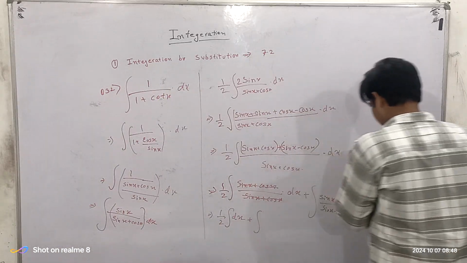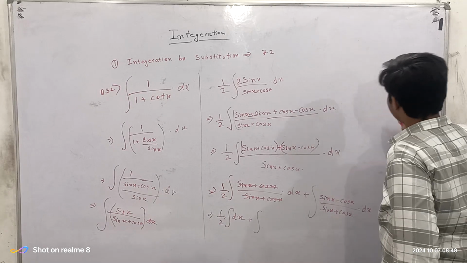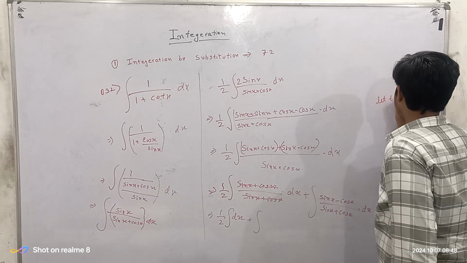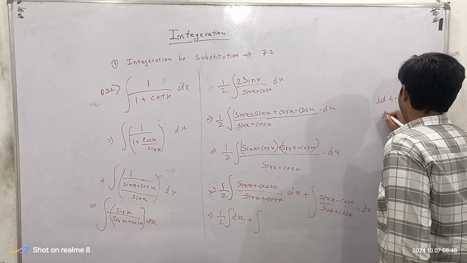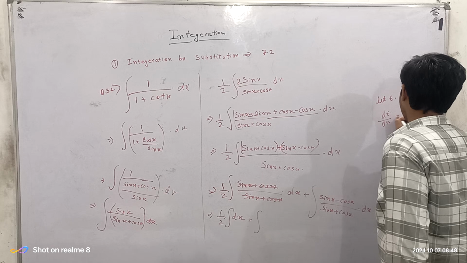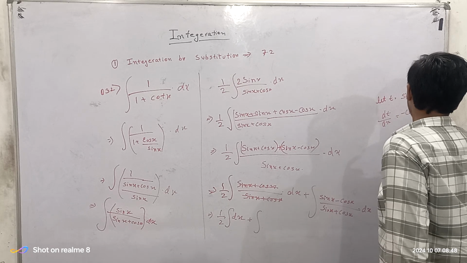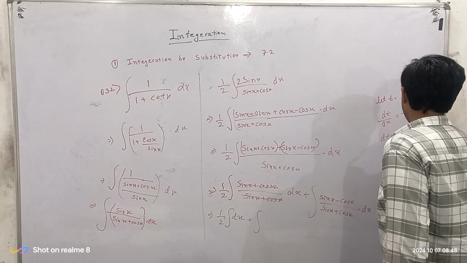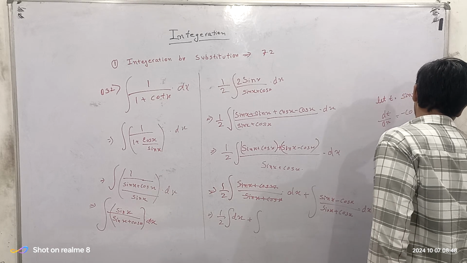Sin x gives cos x, cos x gives minus sin x. Let t equal sin x plus cos x. Differentiating, dt by dx equals minus sin x plus cos x; so dt equals sin x minus cos x into dx.